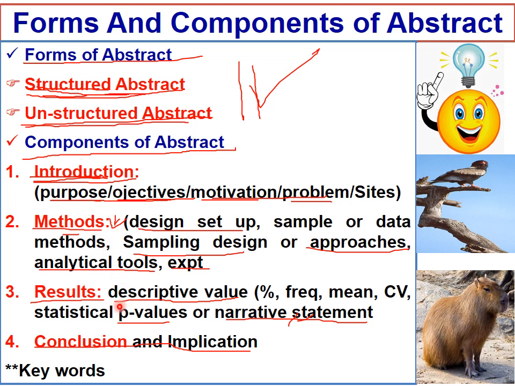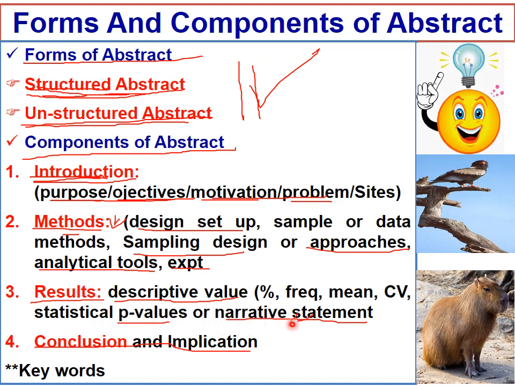Then after the methods, you go for the result section. On the result section, you give out your results in the form of either descriptive values, whether percentage, frequency, mean, standard error, I don't know, coefficient of variation, or in terms of statistical probability values.